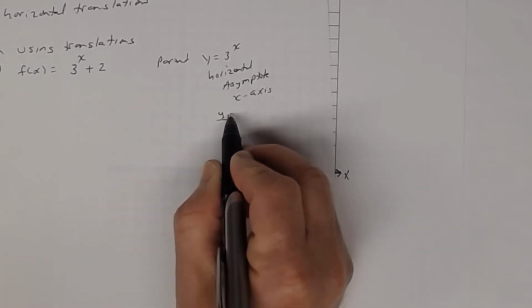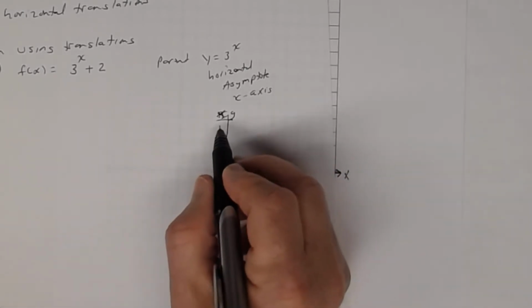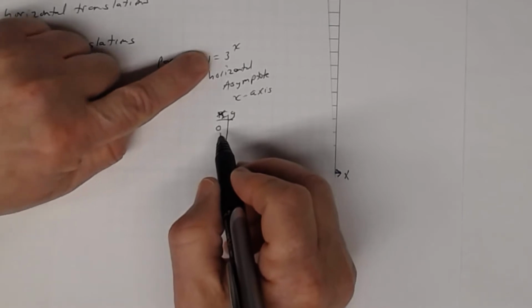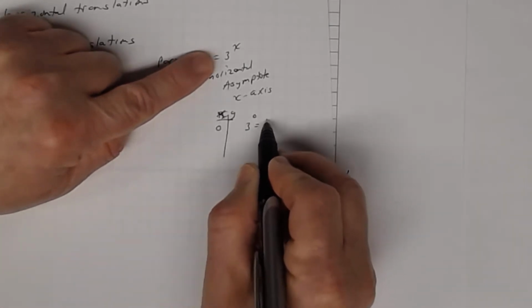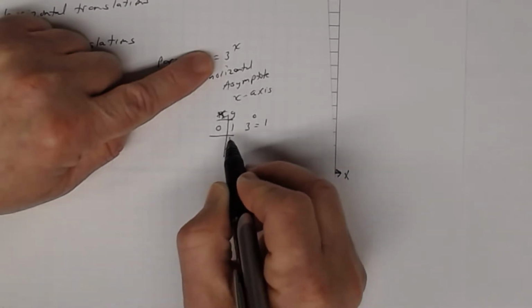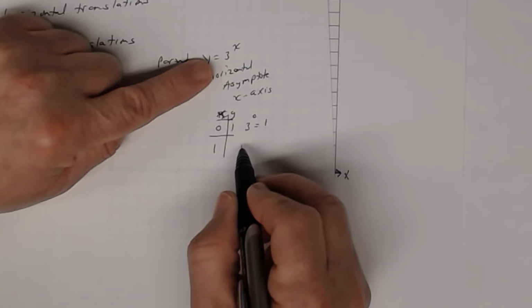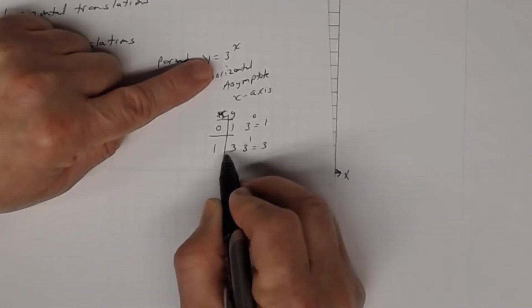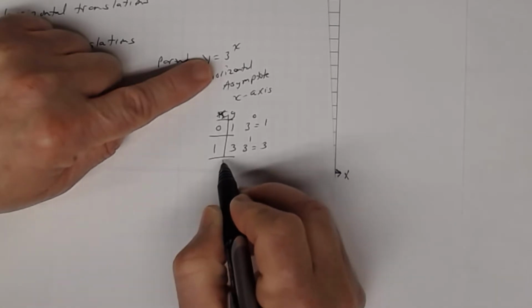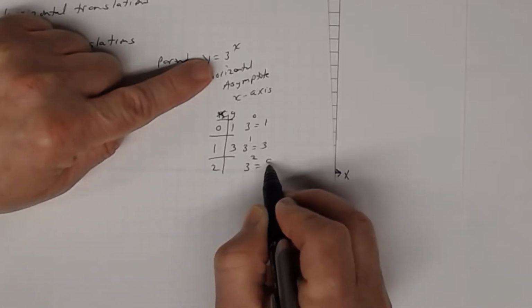So to graph the parent function, we have x and y, and we're going to pick some points. If x is 0, always use 0 when dealing with the parent function. When x is 0, I get 3 to the 0, which is 1. Choose 1 as well. When x is 1, I get 3 to the first, which is 3. Let's use 2. When x is 2, I get 3 squared, which is 9.